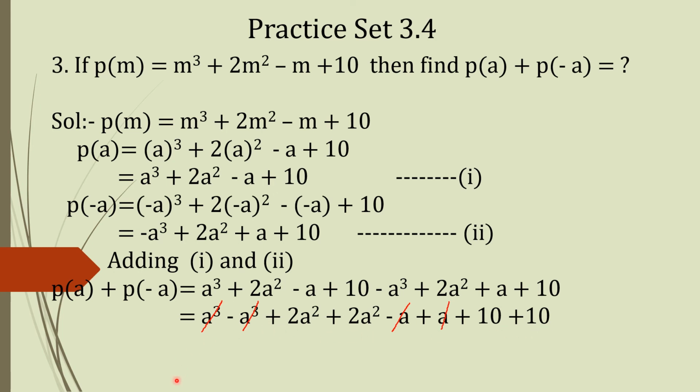So your answer will be 4a square plus 20. So p of a plus p of minus a equals 4a square plus 20. Final answer you have to write this way.